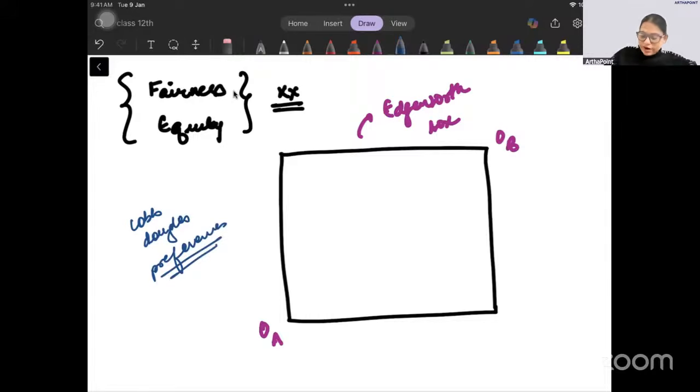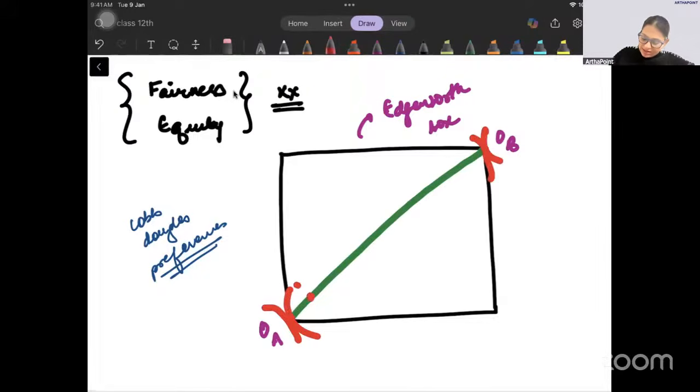How was my contract curve? ऐसा. माने this point and this point and this point and this point, ये सारे points Pareto efficient points थे. Isn't it? Contract curve was passing from origin of A till origin of B.